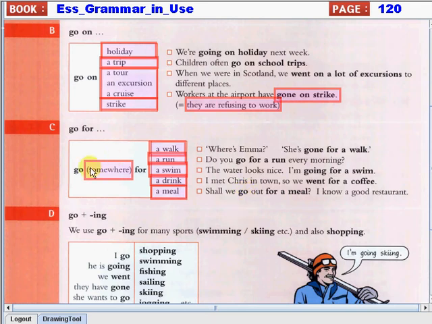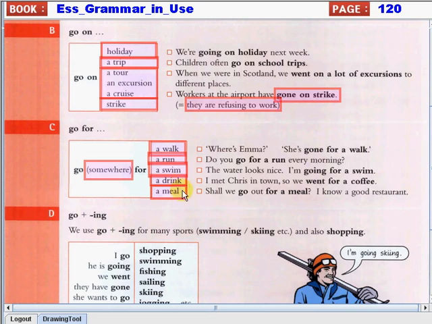Since the word go for is a separable verb, you can use it together or separately, like go for a walk or go out for a meal, go for a run, go for a nice swim, go for a cold drink, and others.